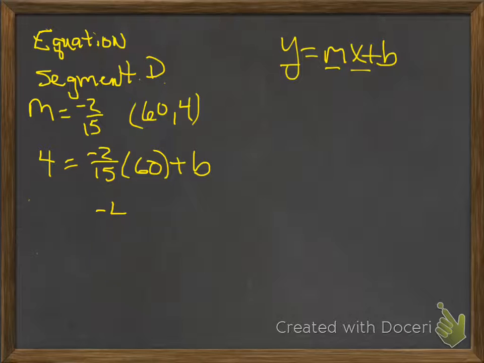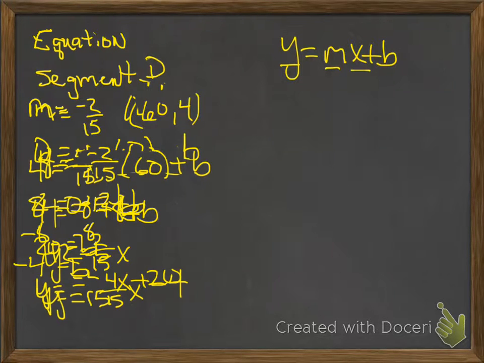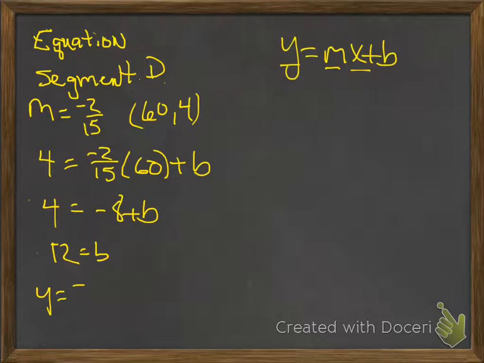Oh, wait a sec. Try that again. Negative 8 plus b is equal to 4. Then add 8, because the opposite of a minus is an add. So that gives me b is equal to 12. So my equation is y is equal to negative 2 over 15x plus 12.